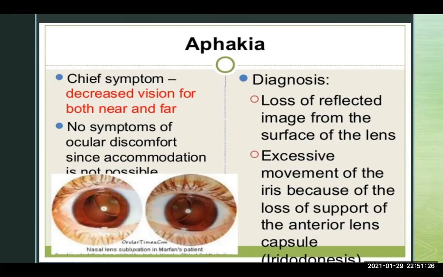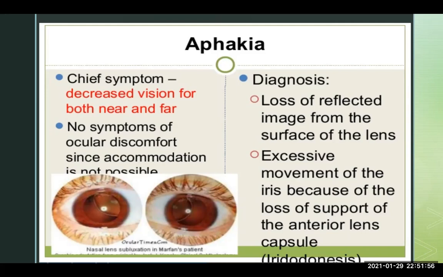So you will have 4 images, but the most apparent are three images for this object, called Purkinje images. In case of aphakia, you will find just the corneal surface, one Purkinje image for this candle, because the lens is not present, so you will lose 2 images.